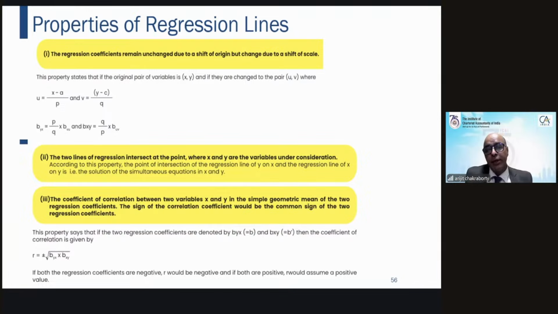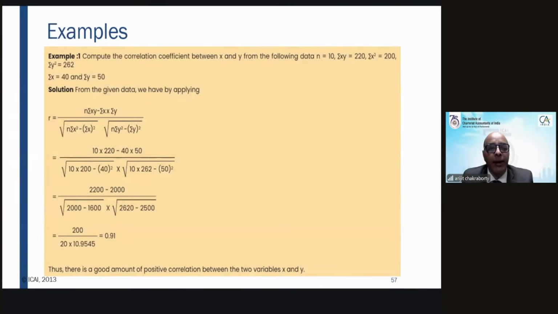Correlation coefficient is nothing but the geometric mean of the regression coefficients. So if we take the geometric mean of the regression coefficients BYX and BXY of X and Y, that GM will give you the correlation coefficient between X and Y. So if a question comes like this, BYX is given and BXY is given, we can easily find out the correlation coefficient by finding out the GM.